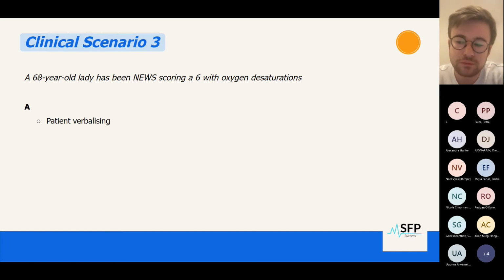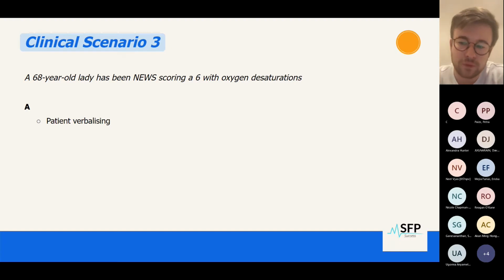And then are there any other investigations you would like to perform at this point? I think you'd mentioned a little bit about oxygen saturations. Is there anything else? I want to understand what sort of medication she's on, and perhaps.